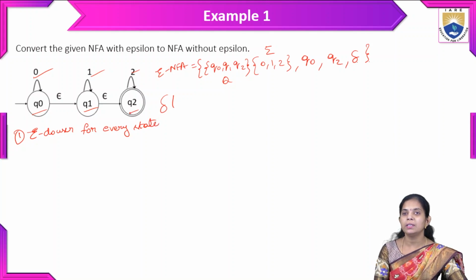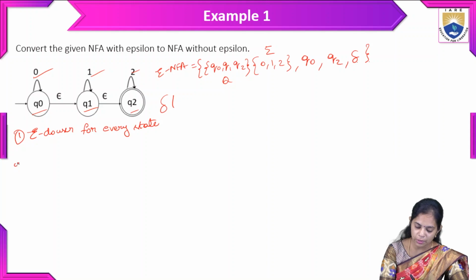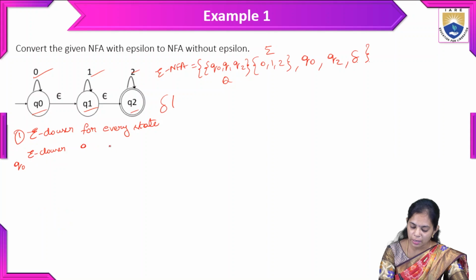We have 3 states. Let me write for Q naught. We need to first find the epsilon closure, and then take the input values, like 0, and find the epsilon closure.